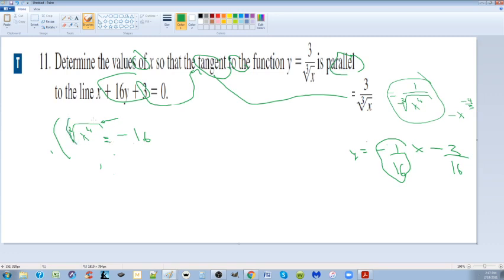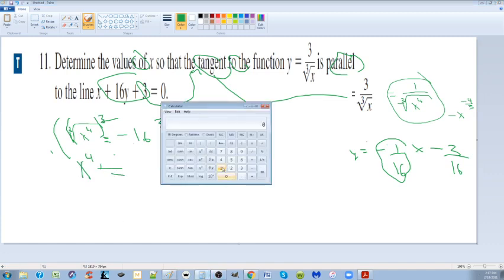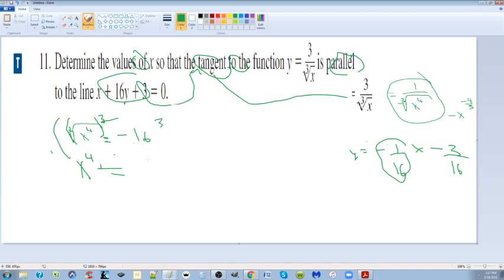We have to cube it on both sides. And that's where I think I might have made a mistake. So I'm left with x to the 4 is equal to negative 16 cubed, which is 4,096. And it's negative, so technically I shouldn't have an answer. But again, I think I've made an arithmetic error.